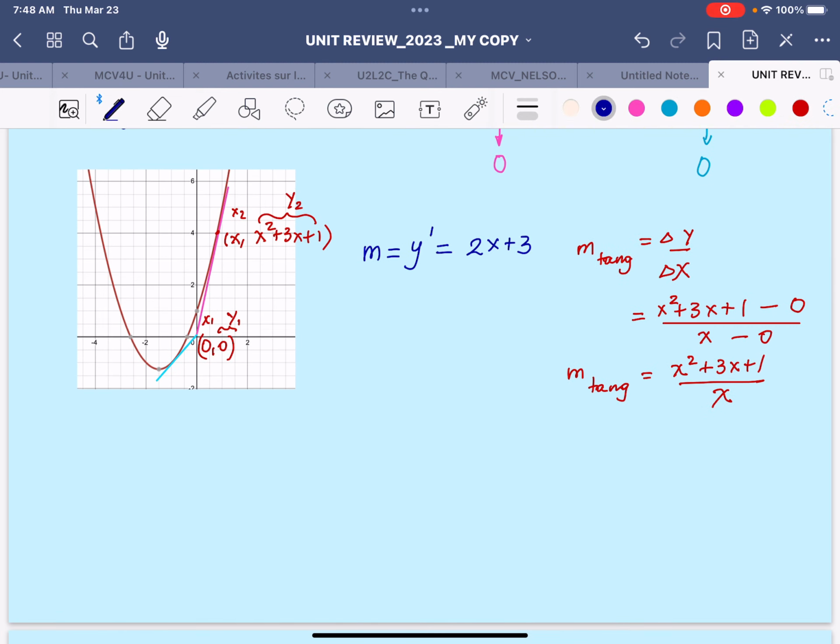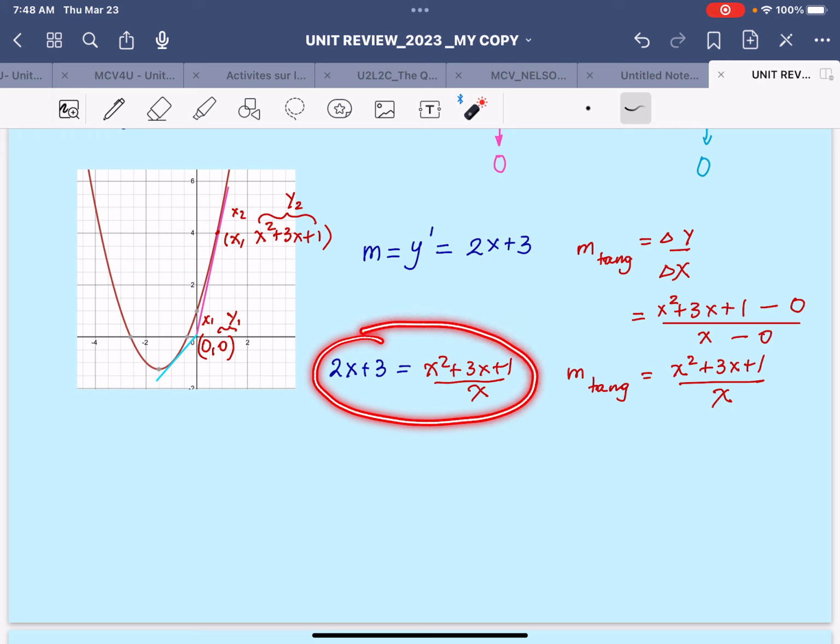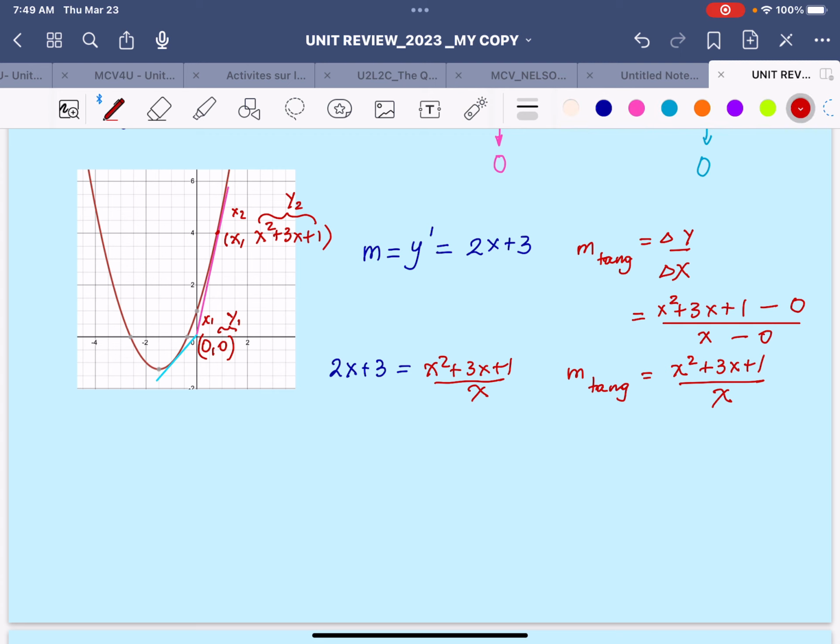So we'll say that 2x plus 3 equals x squared plus 3x plus 1 divided by x. As you can see here, we have created an equation. It looks like a rational equation, which we are about to solve. There are many different ways of solving these equations, and I'm simply going to show the cross multiplication method.